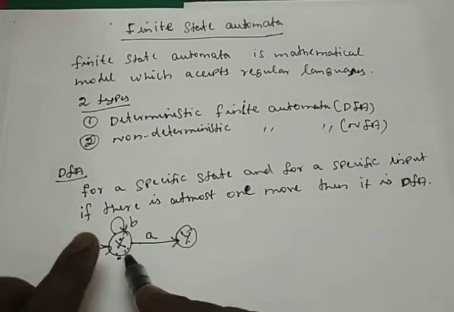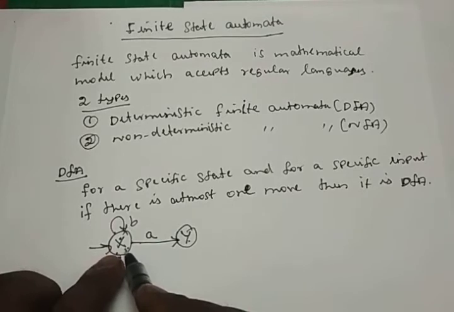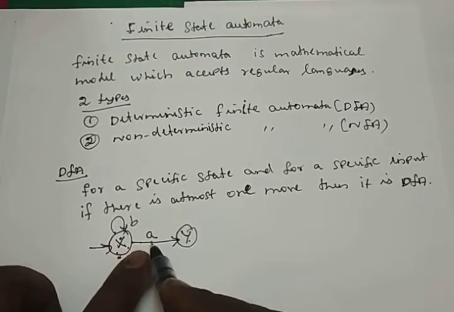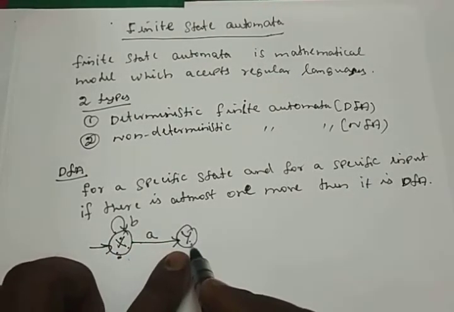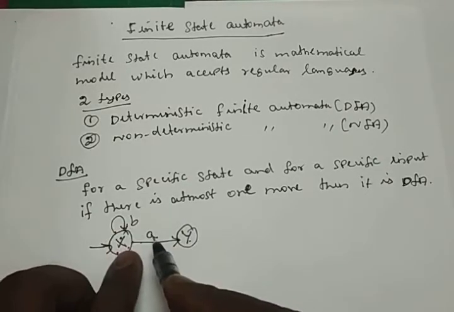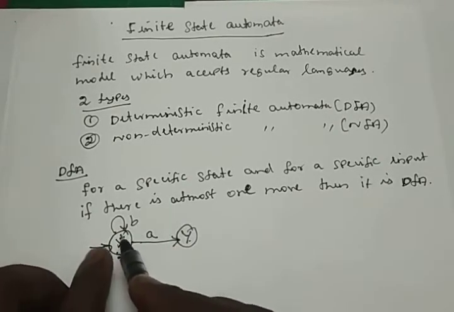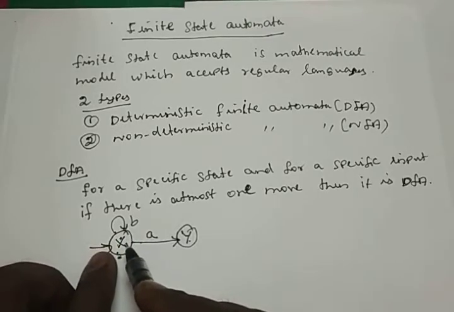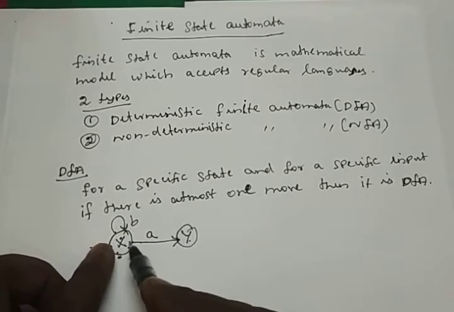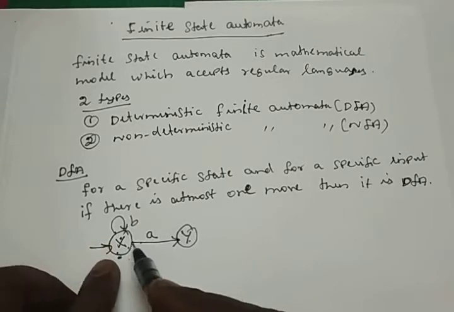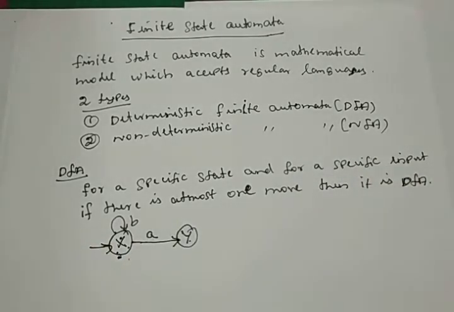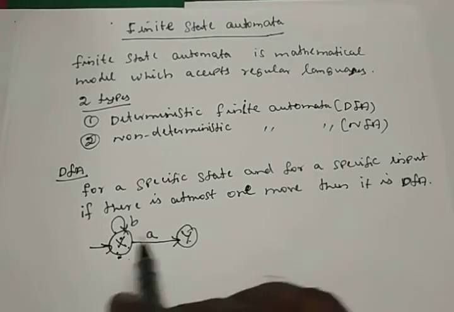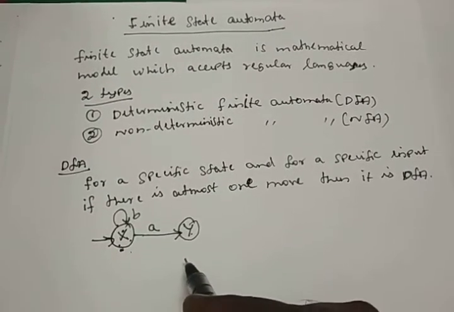So there is at most only one move for a specific input in a specific state. This is also called a transition, either going to another state or staying in the state itself. So this kind of diagram is called a DFA.